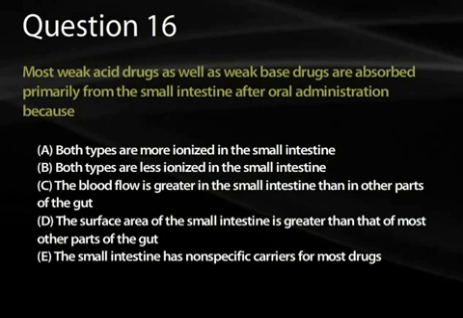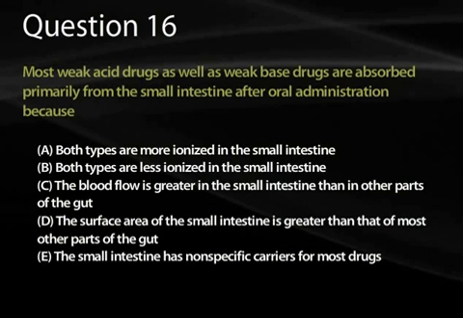Question 16. Most weak acid drugs, as well as weak base drugs, are absorbed primarily from the small intestine after oral administration because A, both types are more ionized in the small intestine, B, both types are less ionized in the small intestine, C, the blood flow is greater in the small intestine than in other parts of the gut, D, the surface area of the small intestine is greater than that of most other parts of the gut, and E, the small intestine has nonspecific carriers for most drugs.